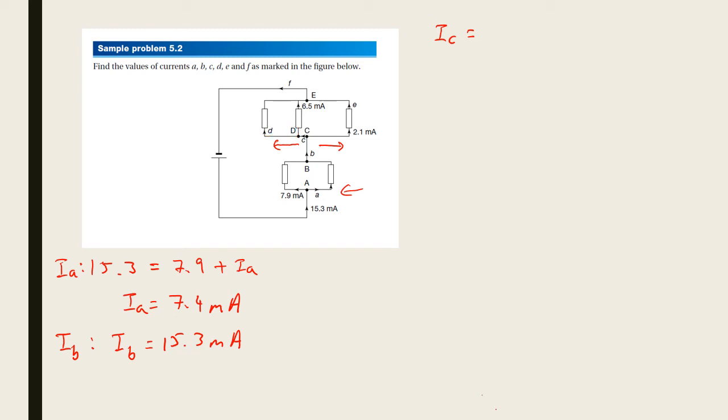So the current C must be based on the 15.3 milliamps going in. You already have 2.1 milliamps on the right hand side and current C added together. So current C must be 15.3 minus 2.1 milliamps. That gives us 13.2 milliamps.